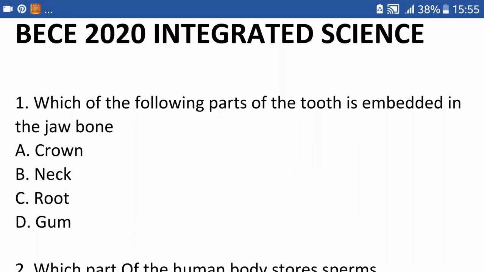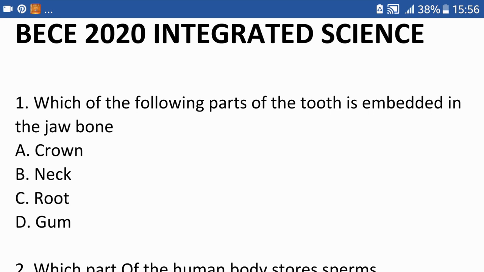You're welcome to BECE 2020 Integrated Science. I'll urge you to take your sheets of paper and your pen or pencil ready and then begin to answer. Thank you. So number 1, which of the following parts of the tooth is embedded in the jawbone?